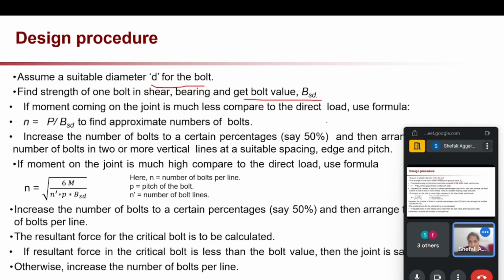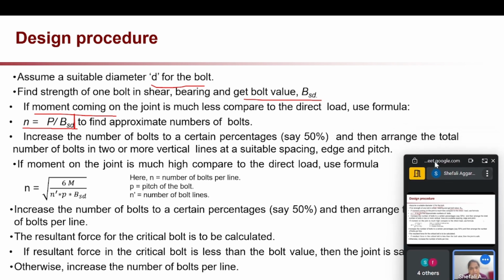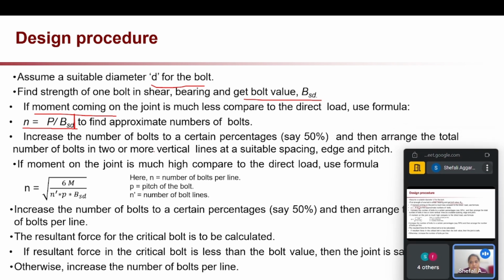If our moment value is very low, then we will calculate the number of bolts as P divided by bolt value BSD, and to be approximate, increase the number of bolts by a certain percentage, and then arrange the total number of bolts in two or more vertical lines.